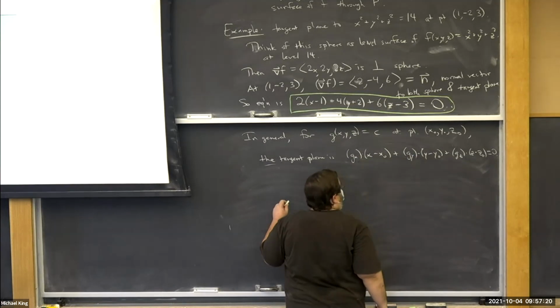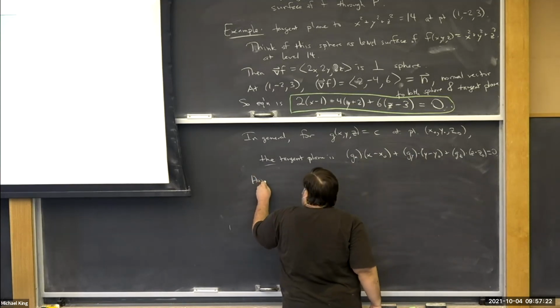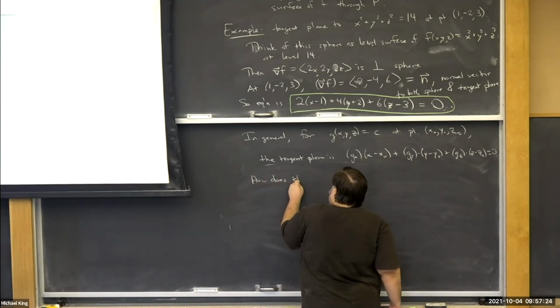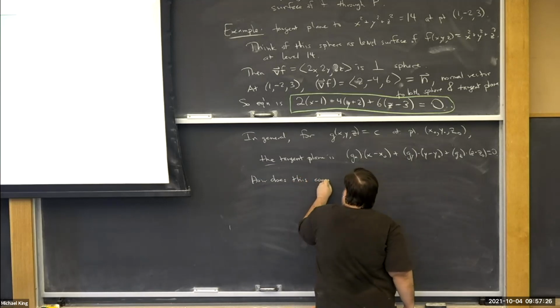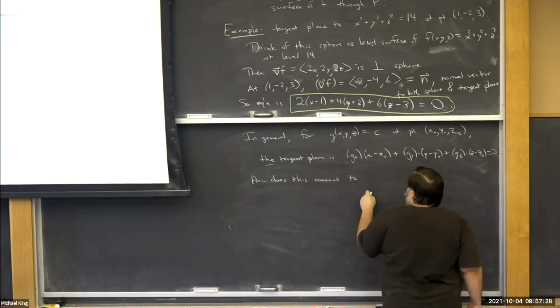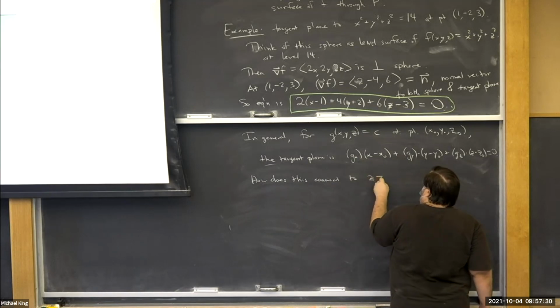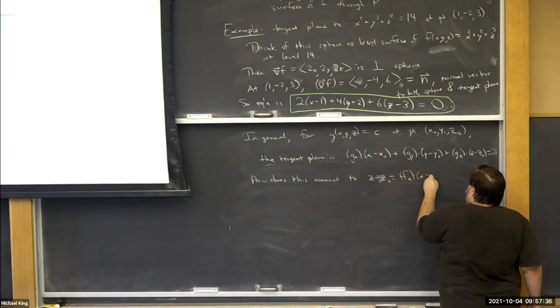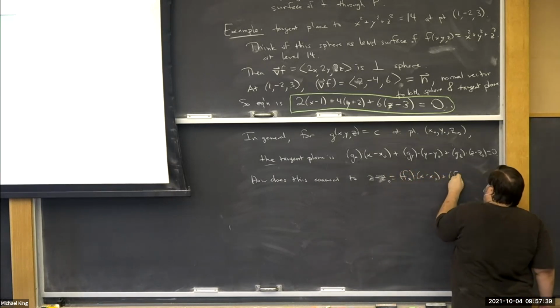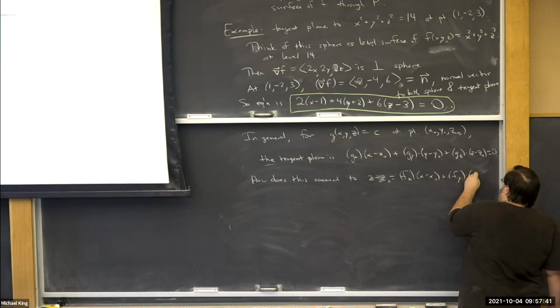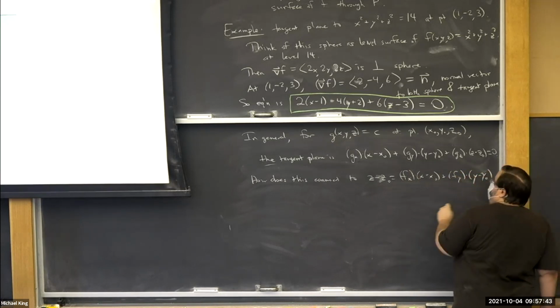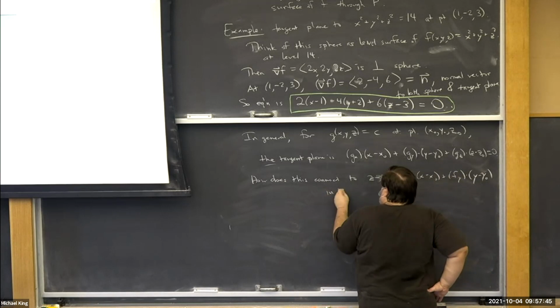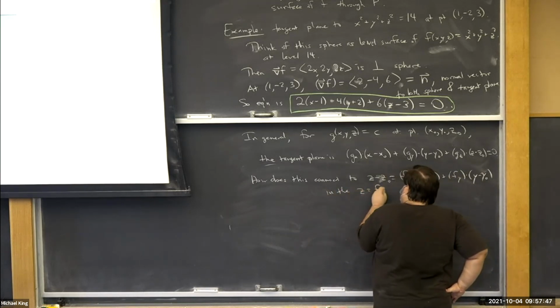Now my question is, how does this connect to this version, z minus z naught equals f sub x times x minus x naught plus f sub y times y minus y naught, in the z equals f of x, y case?